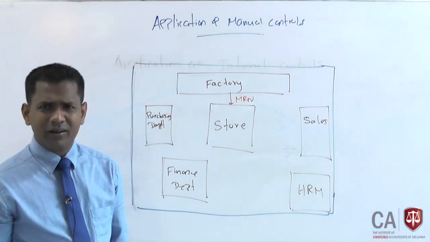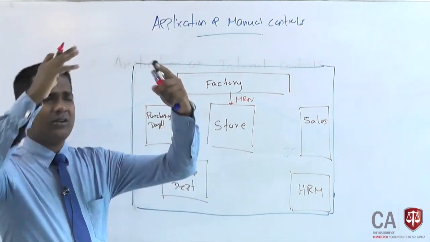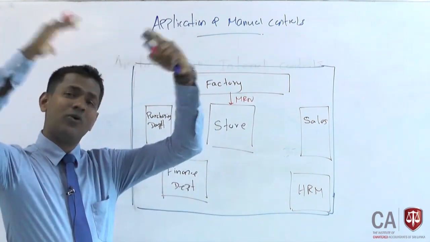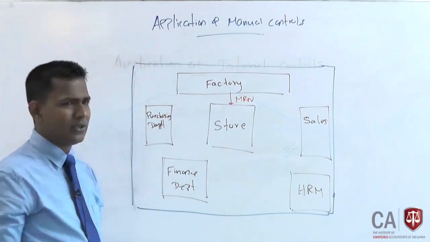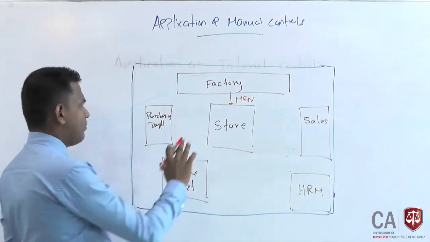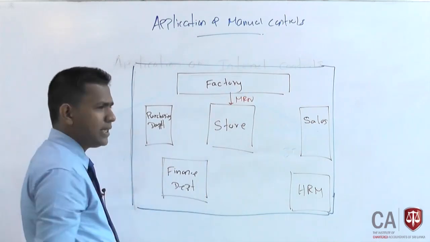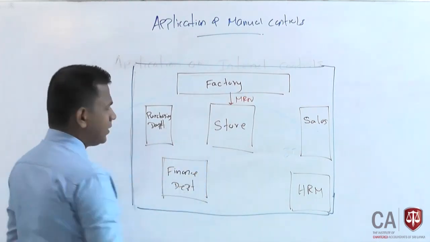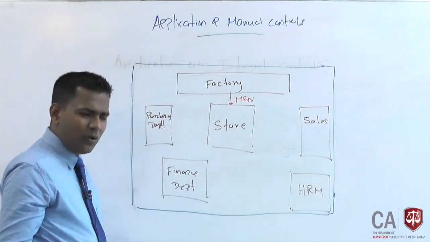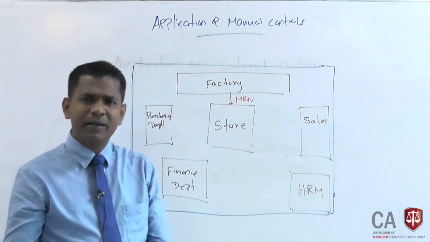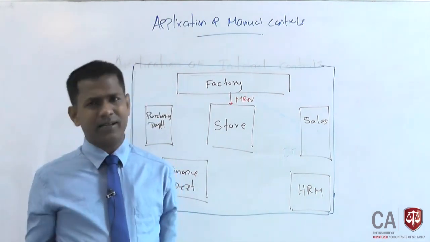That is internal control. Don't think of internal control as something landed on you that you don't know. This is what you have learnt from your A level; those are internal controls. I am not going to waste too much time. So requesting an MRN is internal control. And when it comes to the storekeeper checking the bin card, maintenance of a bin card is also internal control.